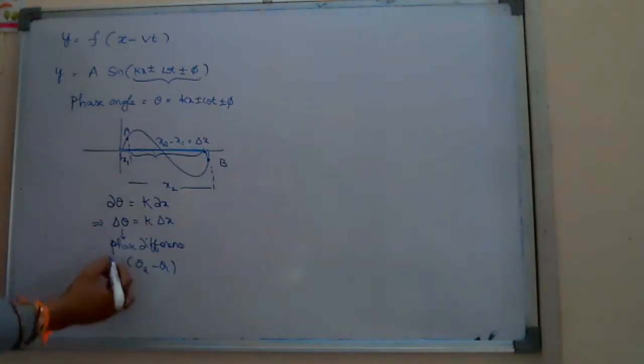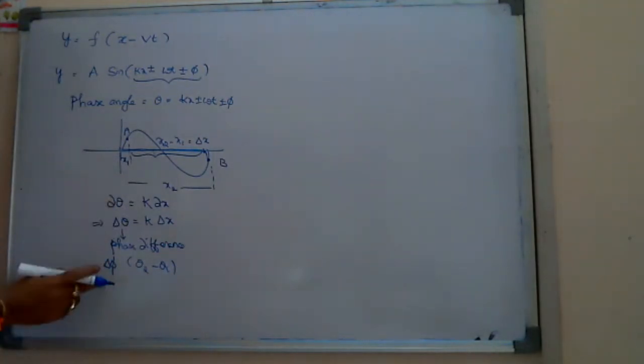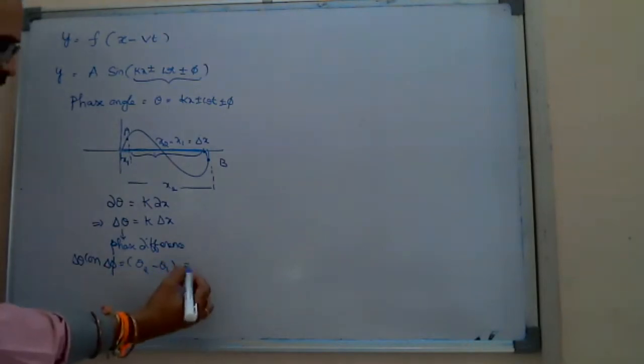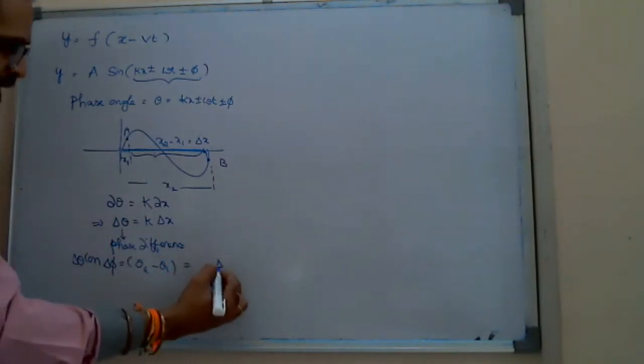In textbooks it may be represented as delta phi, whatever the representation, it is the phase difference. So delta theta or delta phi, the phase difference, is equal to k into delta x.